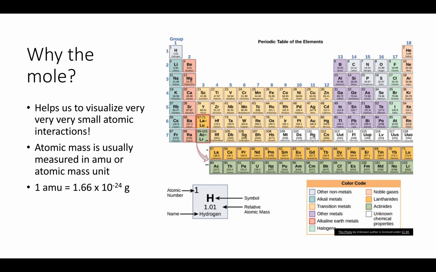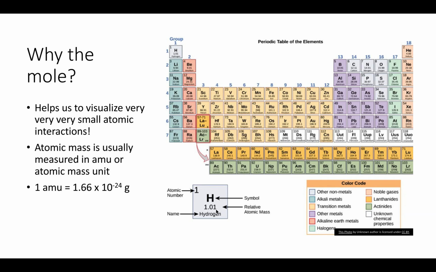Okay? So first I want to orient you to your periodic table. This isn't the exact one that I gave you, but it is still an accurate periodic table. I want you to look right here at the relative atomic mass, or just the atomic mass. The atomic mass, which is all of these numbers underneath here, tells us what the mass of one atom is.